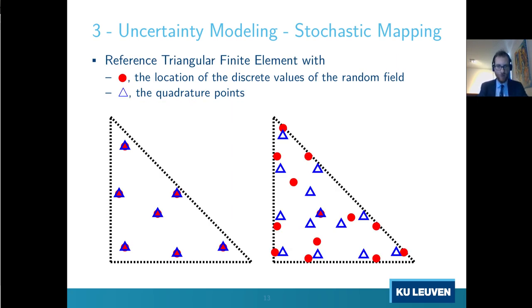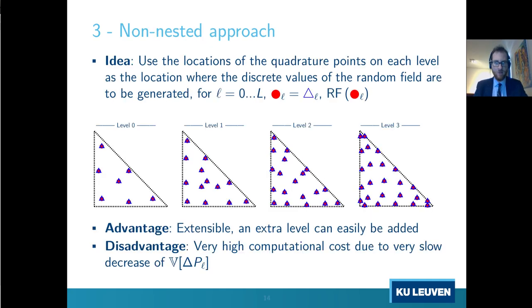I will show it to you on a reference triangular finite element, where the locations where the instances of the random fields need to be generated are located. The red squares are the locations of the discrete values of the random field, where you will generate the instances of the random field. And the triangles are the quadrature points.